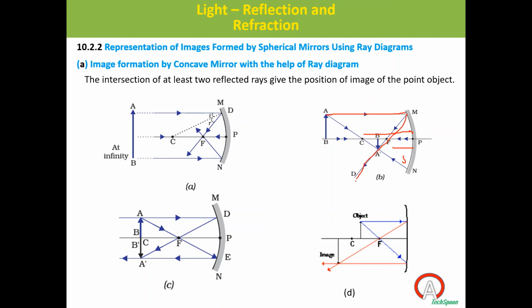Then reflect through the focus. Second, you draw through the center of curvature. Then you find out the intersection point, where you will get the head of the image also.